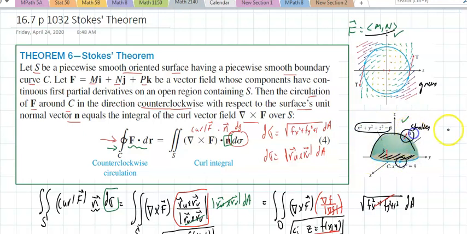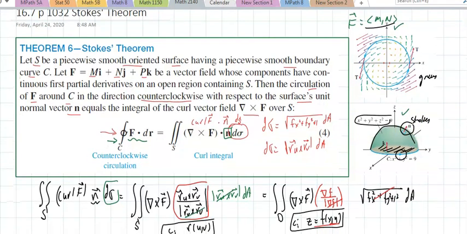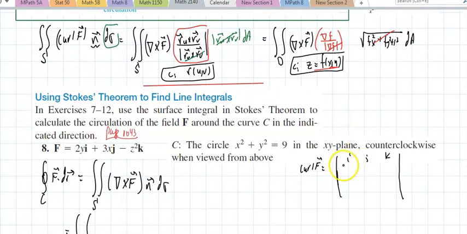What's happening? There's the normal. So, ijk, the partial with respect to x, the partial with respect to y, and the partial with respect to z. This is just like Green's theorem, except it has the k component.